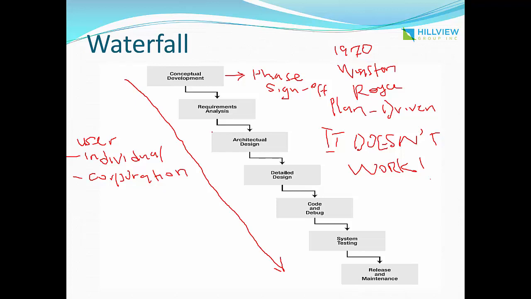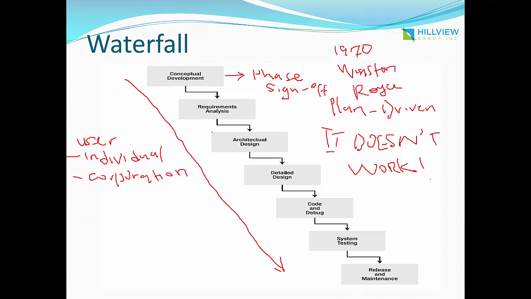It's a good teaching methodology. You can learn all the steps of the software development lifecycle model from the waterfall model.